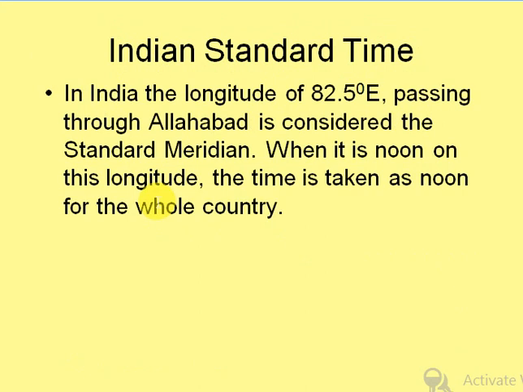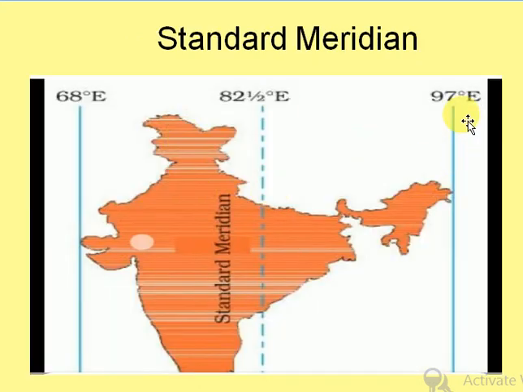There will be confusion. So in India, the longitude of 82.5 degrees east, passing through Allahabad, is considered the standard meridian. When it is noon on this longitude, the time is taken as noon for the whole country. Look at this map, it will help you.